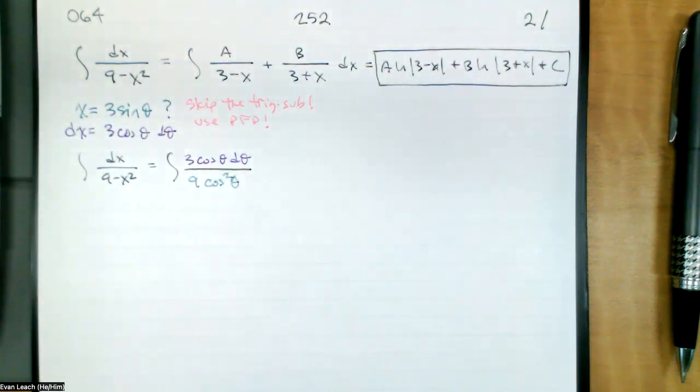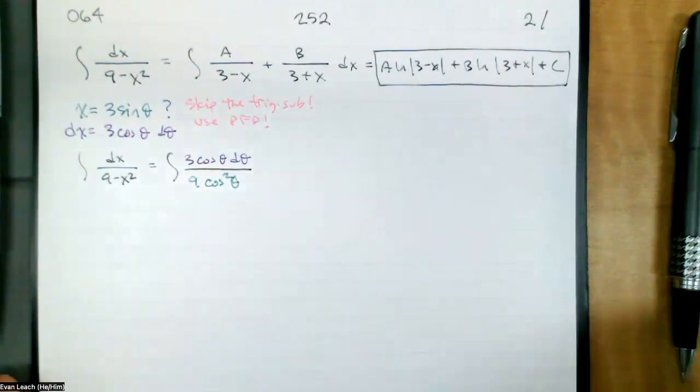I skipped the stuff that we know is going to happen. 9 minus x squared under the trig substitution is going to become 9 cosine squared theta. So notice what we get here. We get a 1/3.